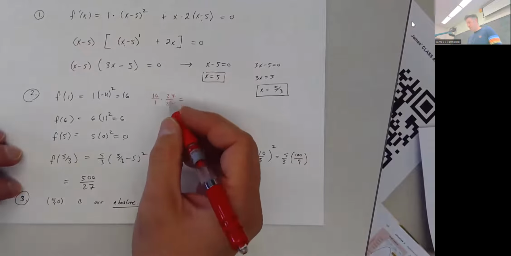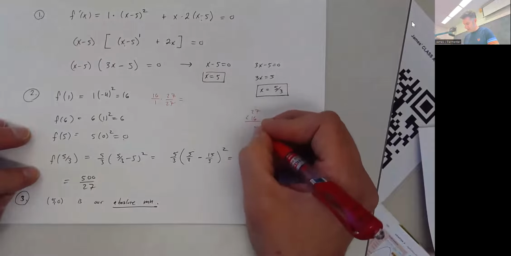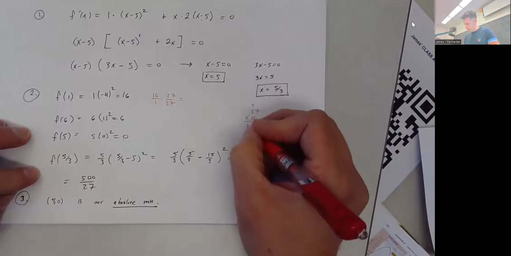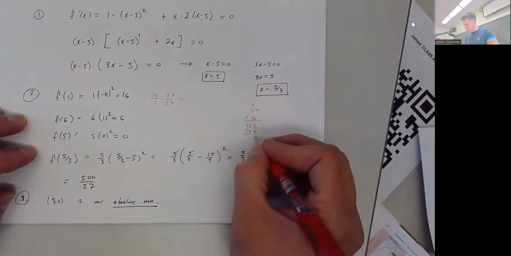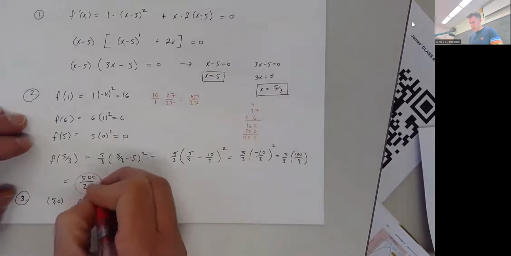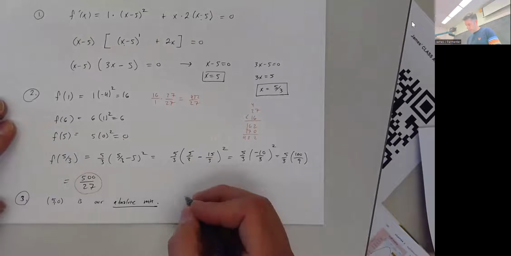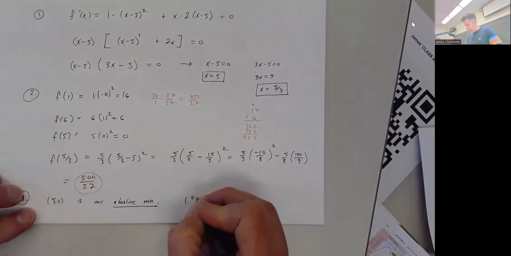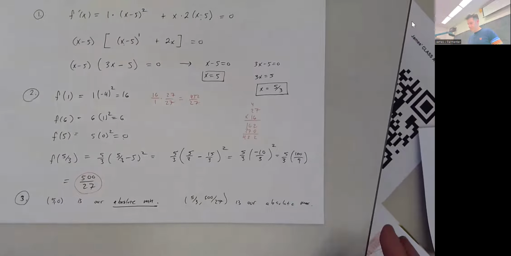We can do it the long way. 16 times 27 gives 432, so we end up with 432 over 27. The 500 over 27 is the bigger one. Cool. So we have an absolute maximum at the point 5/3, 500/27ths is our absolute max. Cool.